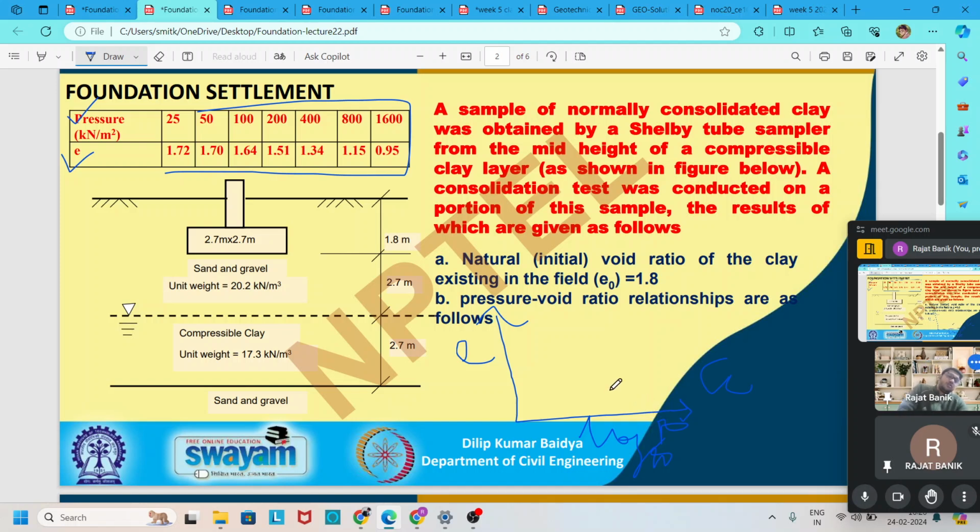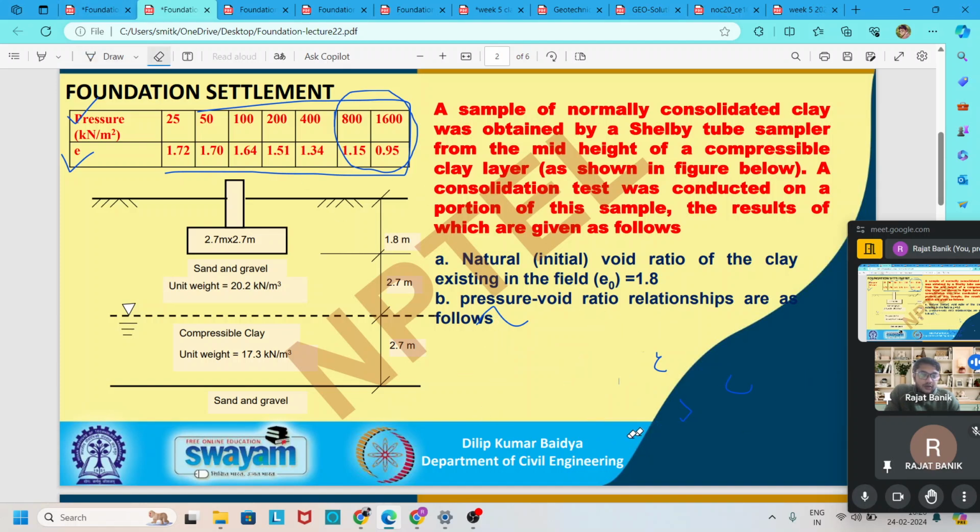If you plot, there may be one curve like this. The slope of this curve is nothing but the Cc. To find the slope, if you take 2 points, mostly the last 2 points, we can easily find out the slope of this curve.